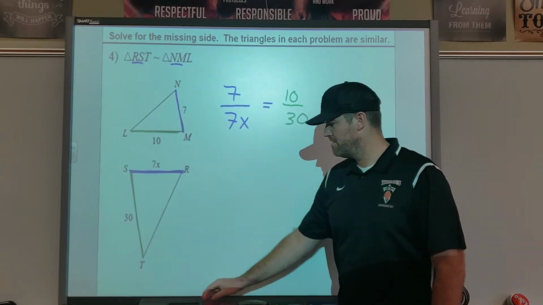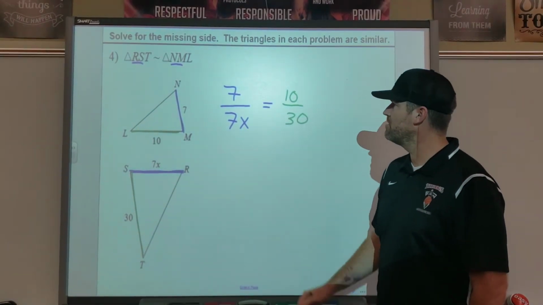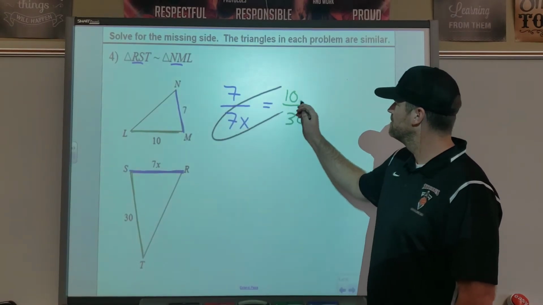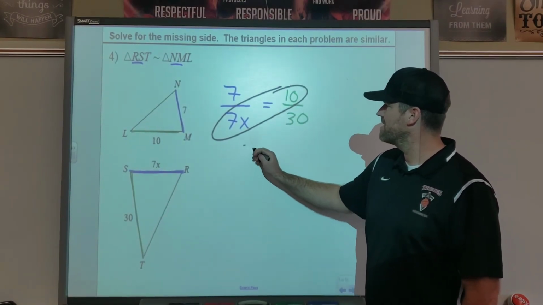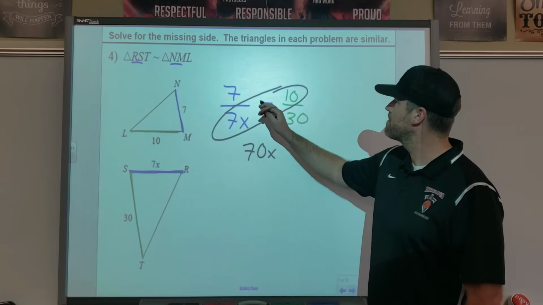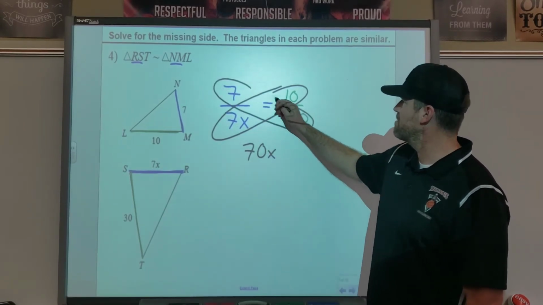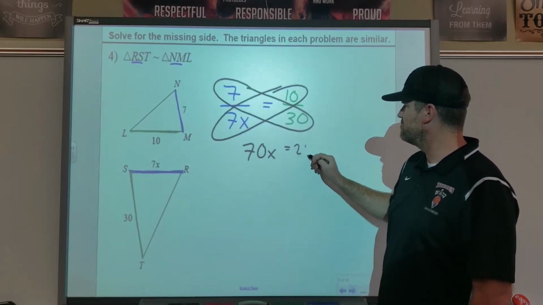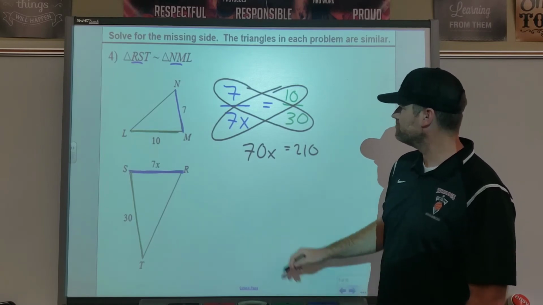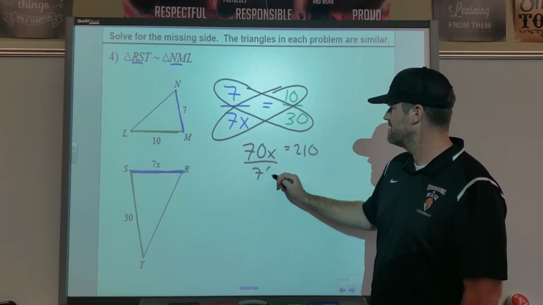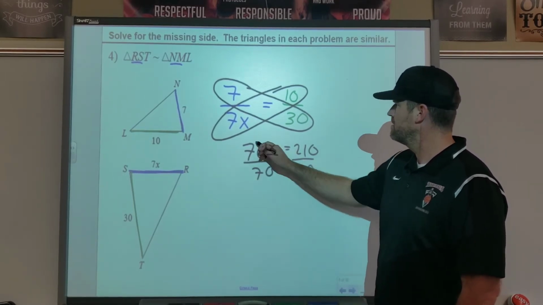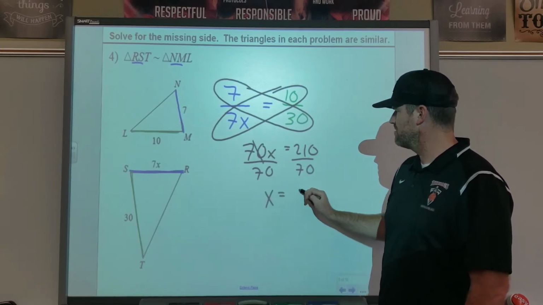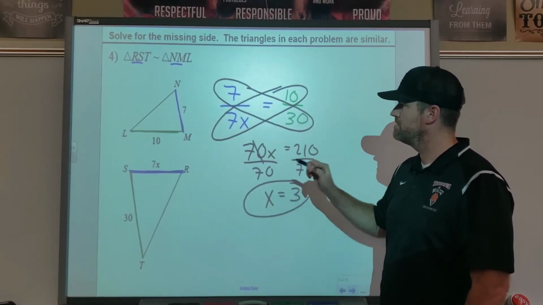Once we have that proportion set up, we can solve by cross multiplying. So 10 times 7x is 70x. 7 times 30 is 210. Divide both by 70. And x equals 3.